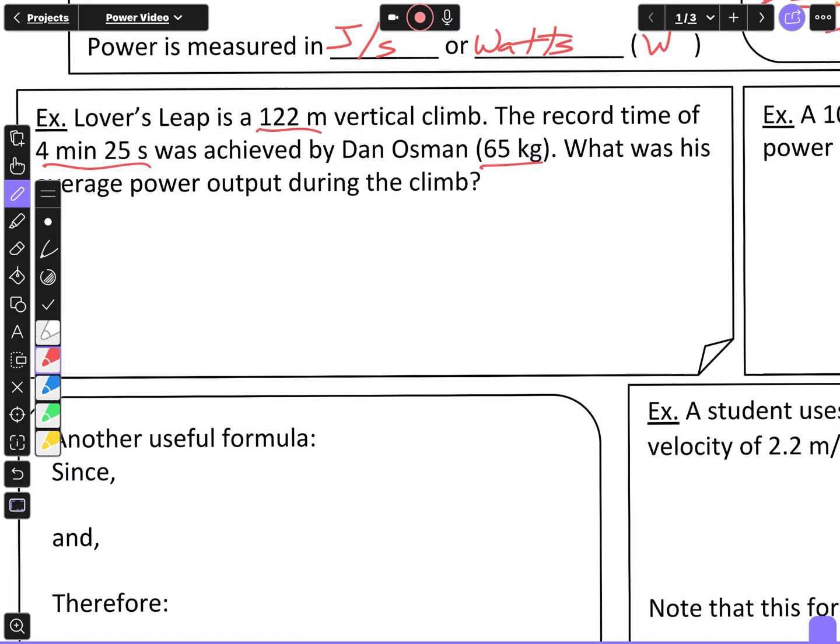Well, power is equal to work divided by time. I'm not given work, but I'm given some other things that I can use. Since I'm given a mass, I want to use mgh in there for work divided by time. And I'll plug my numbers in. My mass is 65, and g would be 9.8 times my height, which is 122.